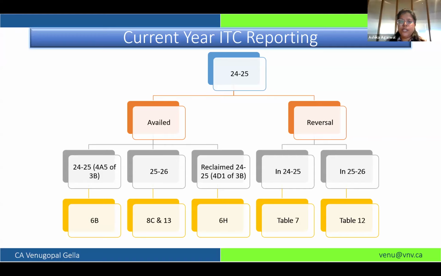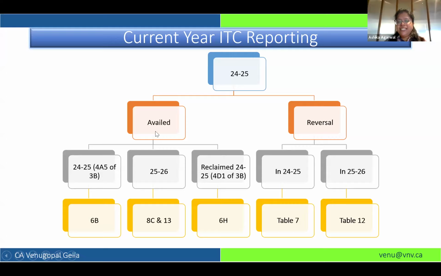Transaction belongs to 24-25, but it auto-populated in 25-26 2B, because we know 2B is the base. Until and unless it comes in 2B, you can't claim. But for the books purpose, when we are doing our audited financials, that transaction will be there and you would have parked that ITC as a closing balance.